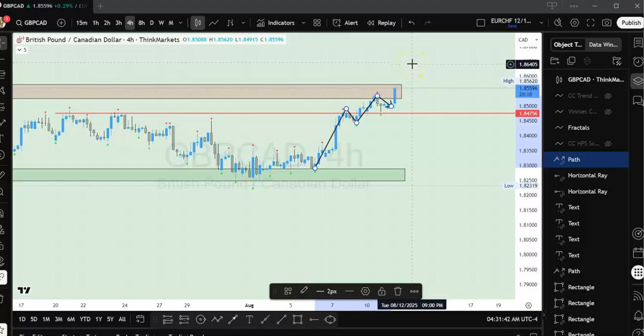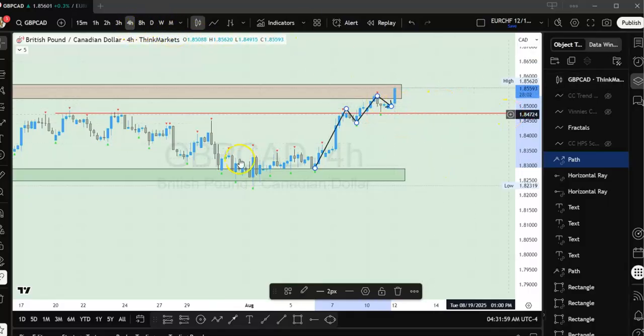And if you're trading small lot sizes, you can weather these kinds of heavy storms. So we already determined that the monthly is bullish, the weekly is bullish, the daily is bullish, 8 hours bullish, 4 hours bullish.